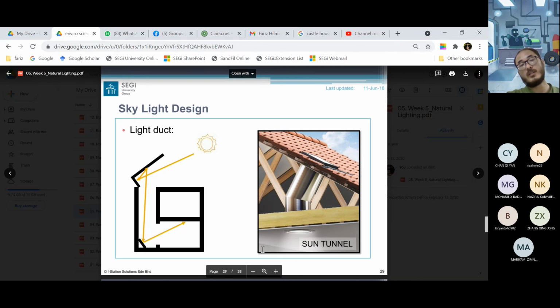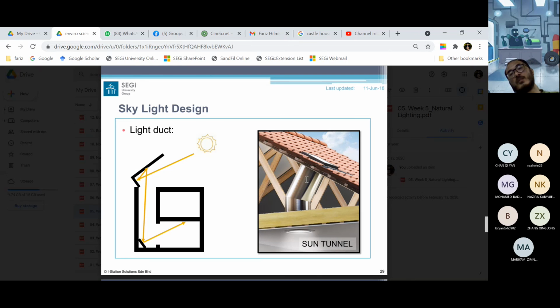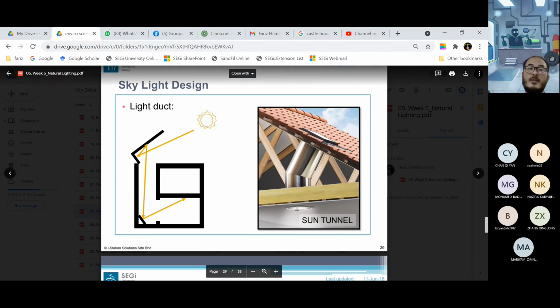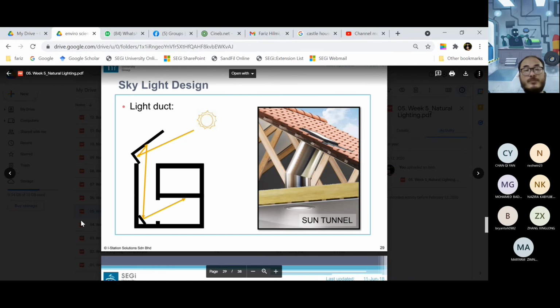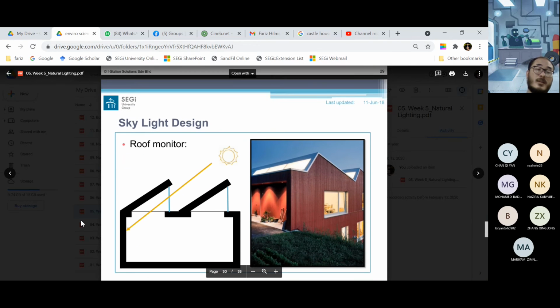So you use this. Some of it called light duct, some of it called sun tunnel. You can see here it is installed on the roof, and then the light is reflected from one another, and then supplies light in the house, as if it looks like lamp or LED light, but it's actually just daylight.